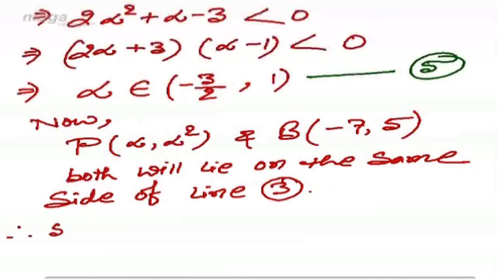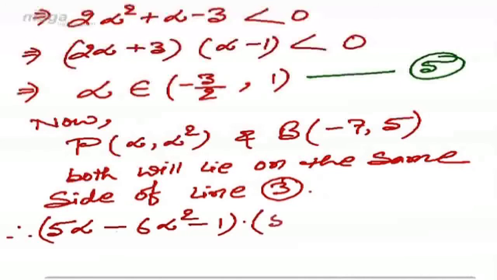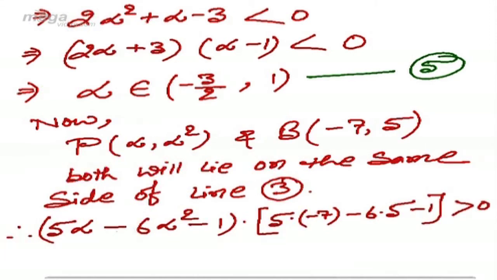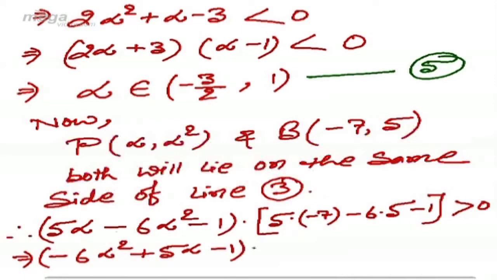So here we get 5 alpha plus 5 alpha minus 6 alpha square minus 1 into 5 into minus 7 minus 6 into 5 minus 1 is greater than 0. So from here, minus 6 alpha square plus 5 alpha minus 1 into minus 66 is greater than 0. Hence, 6 alpha square minus 5 alpha plus 1 is also greater than 0.